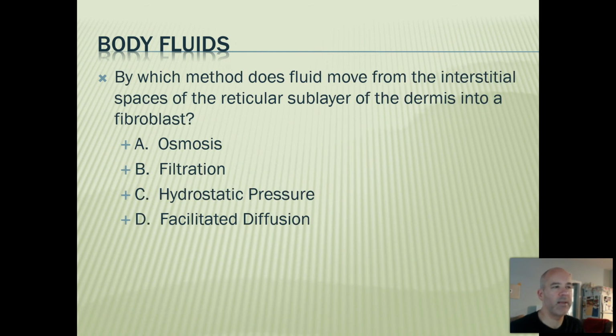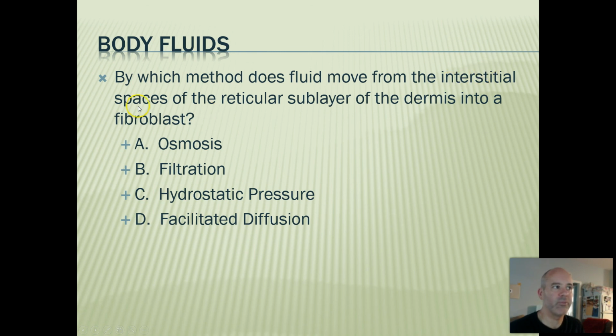All right, by which method does fluid move from the interstitial spaces of the reticular sublayer of the dermis into a fibroblast? So lots of terminology in every unit in anatomy and physiology. So let's go through here and talk about this terminology.